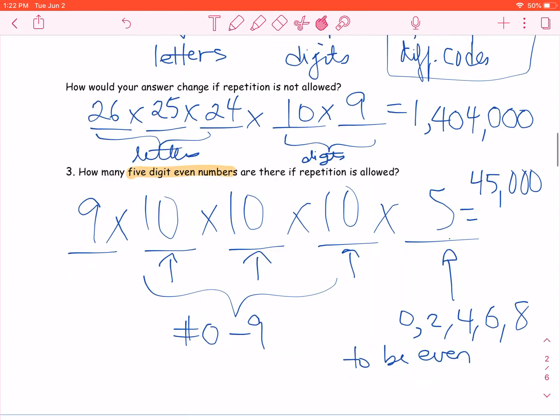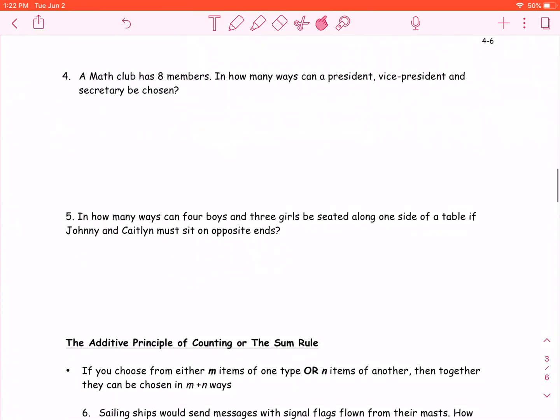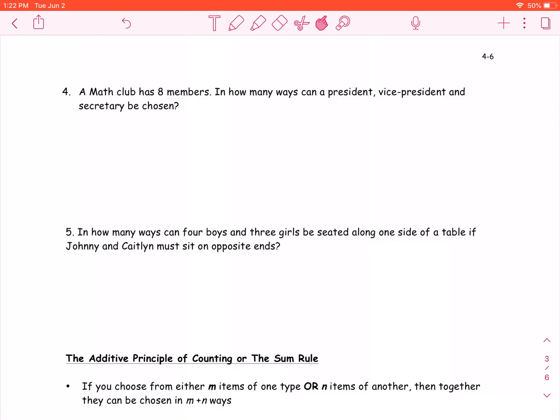All right. So we can consider some club examples as well, considering what happens without repetition. A math club has 8 members. In how many ways can a president, vice president, and secretary be chosen? For your presidential role, we have 8 possibilities.